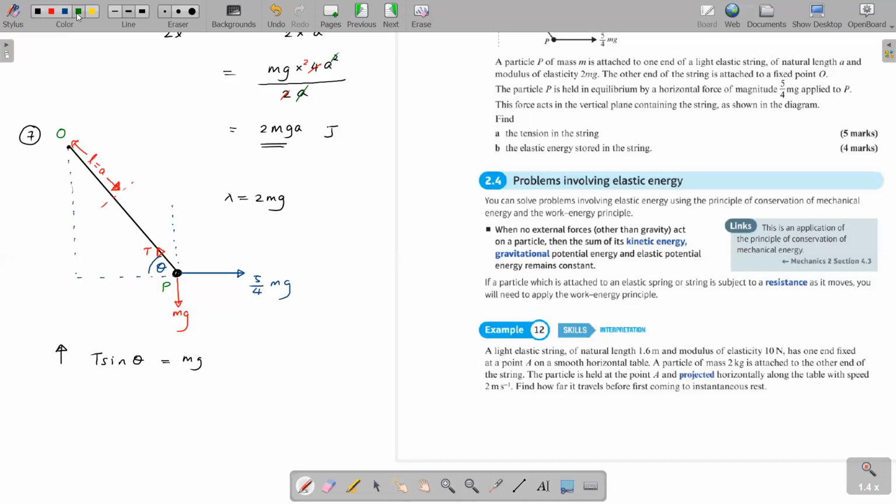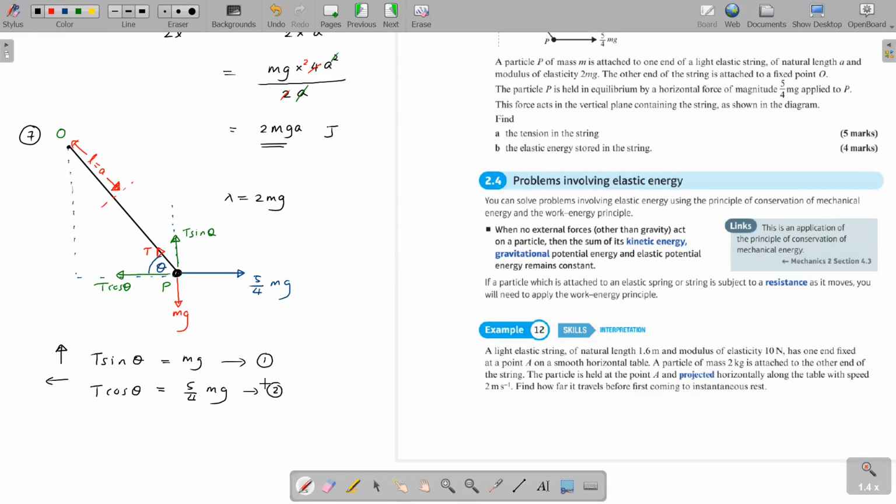Do you realize upwards it's T sine theta when you resolve the tension? Horizontally you get T cos theta. So upward you get T sine theta equals mg, and if you do left equals right, you get T cos theta equals 5 over 4 mg. These are two equations, equation 1 and 2.